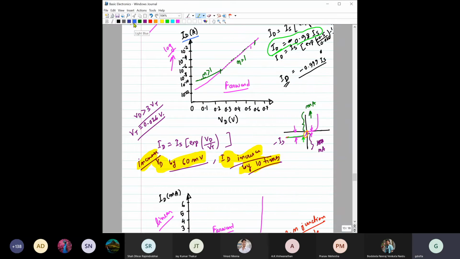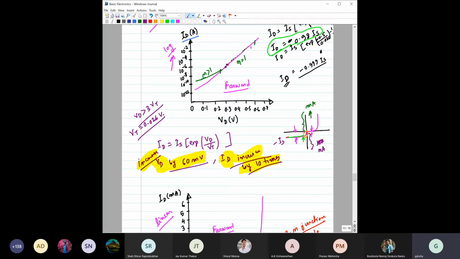Like if we are changing VD from 1 to 1.06 or from 2 to 2.06, then ID will change accordingly. Right. So maybe you can see it better from this point. If you are considering 0.3 as the reference and you increase it by 60 millivolt, then the change in current would be this much. This diagram is not very perfect, but if you increase it by 60 millivolt, the amount of increase in ID would be one order.